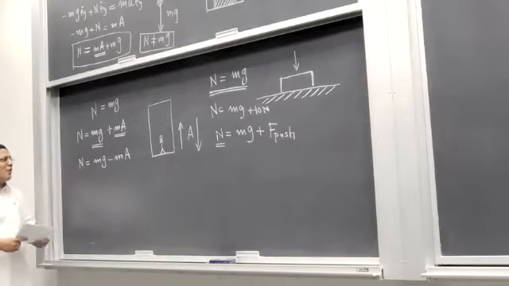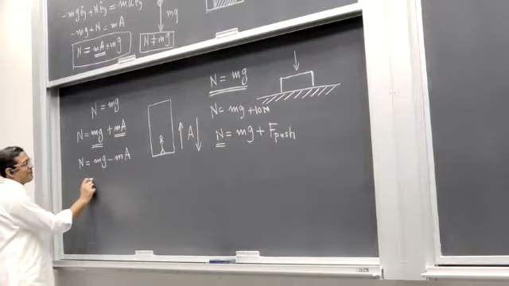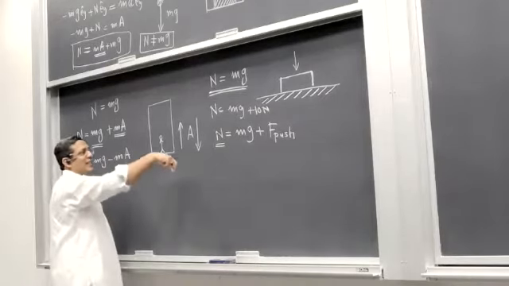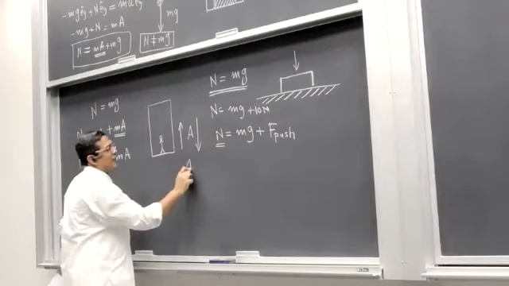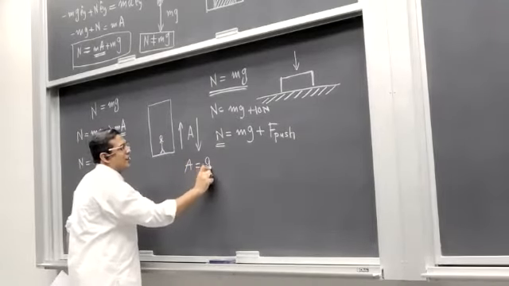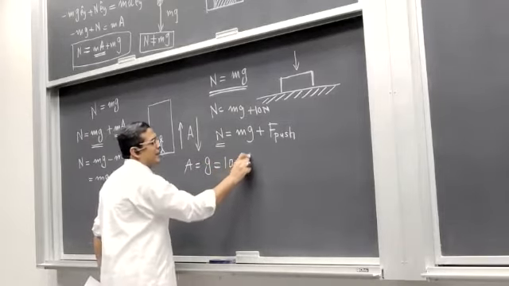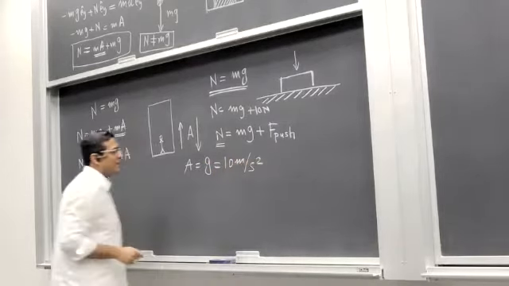All right. And now imagine what happens when the elevator is descending and accelerating with the acceleration of g, or 10 meters per second squared. What happens then?